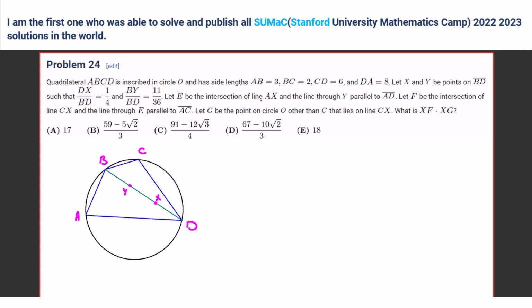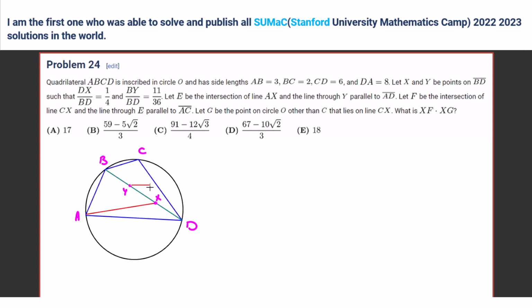Let E be the intersection of line AX and the line through Y parallel to AD.